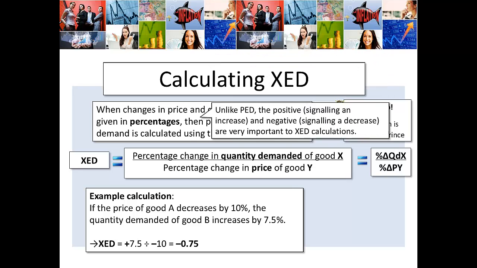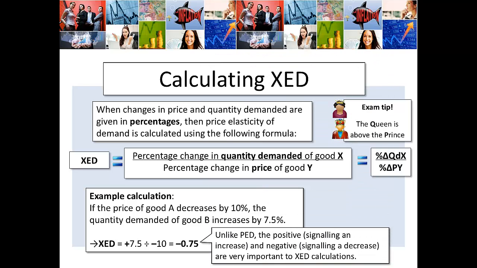So, an example calculation here. This time negative and positive numbers are important. They will provide us with information that we need to use. Example calculation: the price of a good decreases by 10%, so that's a negative 10% change. The quantity demanded of good B increases by 7.5%.